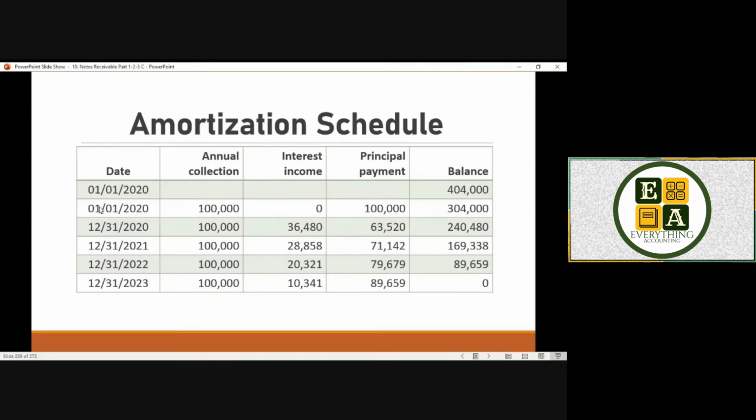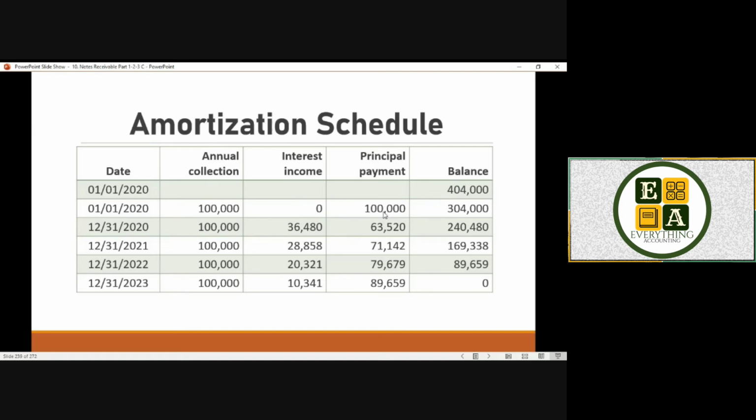So for January 1, 2020 annual collection, since it is an advance payment, there will be no interest income for that purpose because there is no substantial period for interest computation. So zero interest income, so the annual collection of 100,000 will refer only to principal payment.